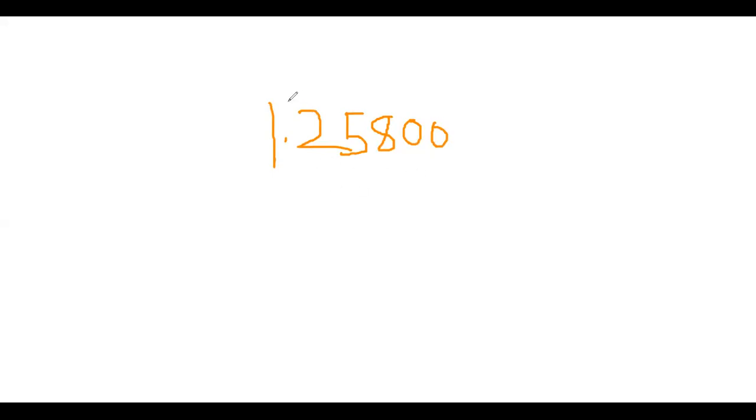Mr. David is expected to count from the decimals: 1, 2, 3, 4. So the fourth value from the decimal is the pip. This last value, probably 1 or 2, is what? The pipette. You get that, class?